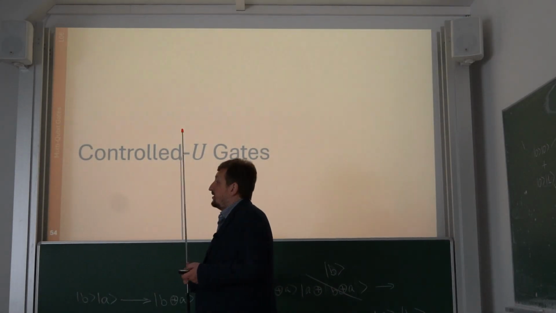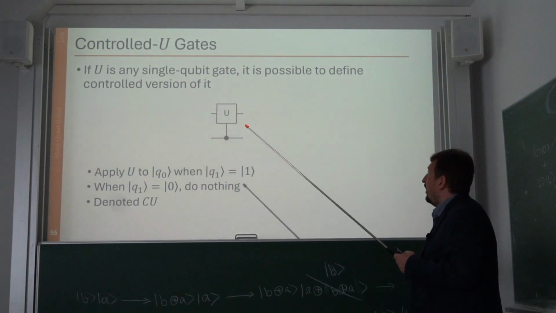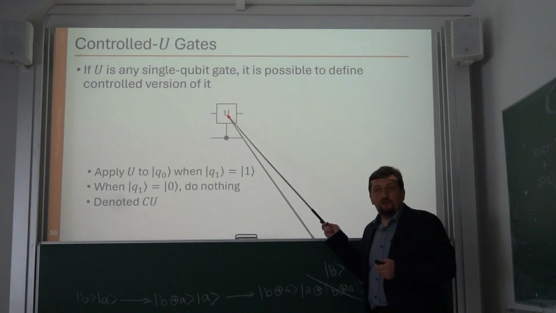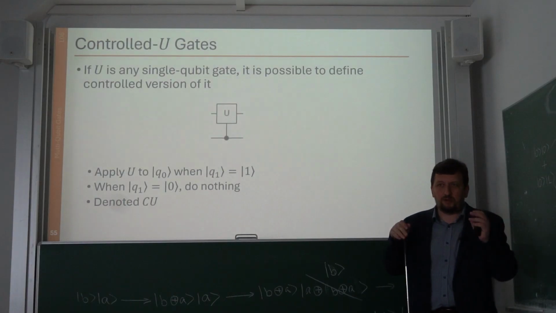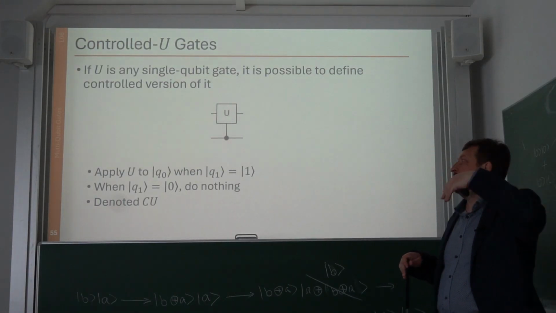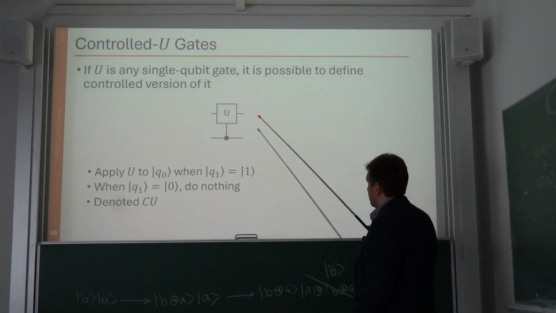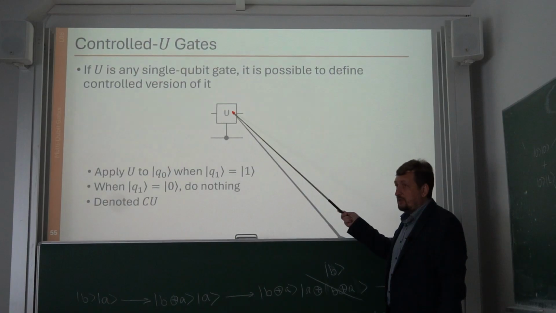Okay, let's consider some other control gates. In principle, if we have any single qubit gate U, it can be whatever gate, we can create a controlled version of this gate using simple rules. When the control qubit is 0, we do nothing.